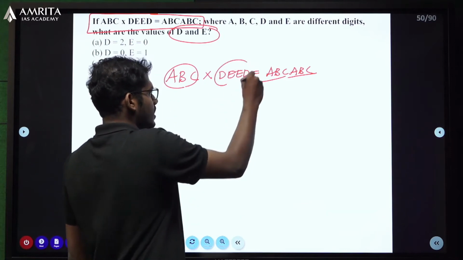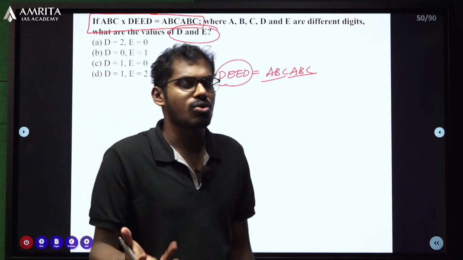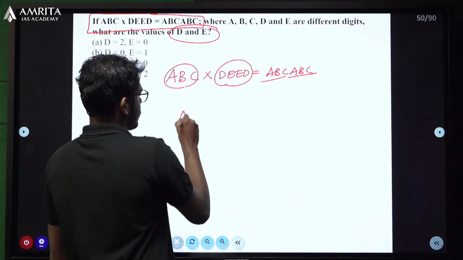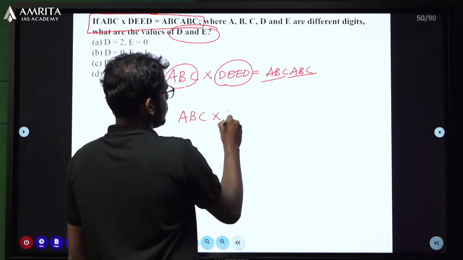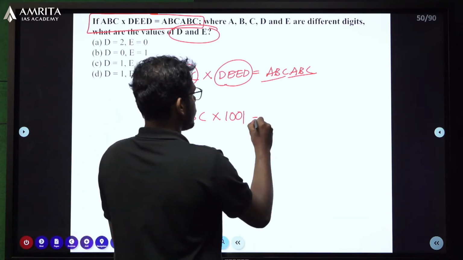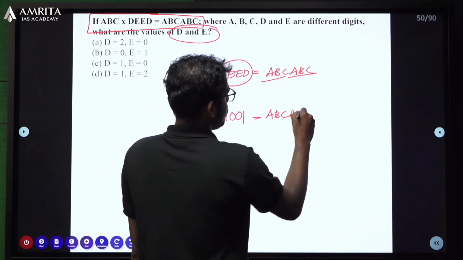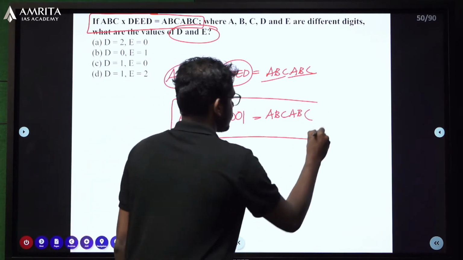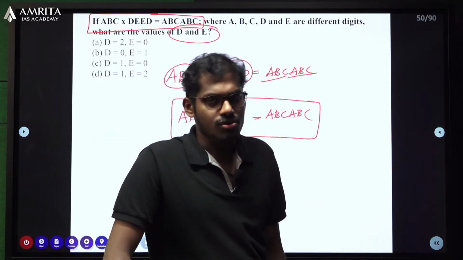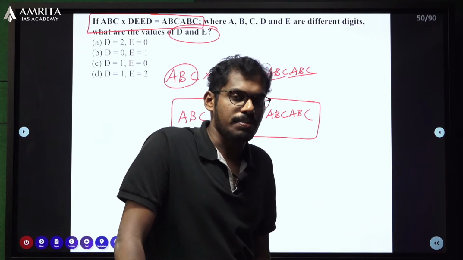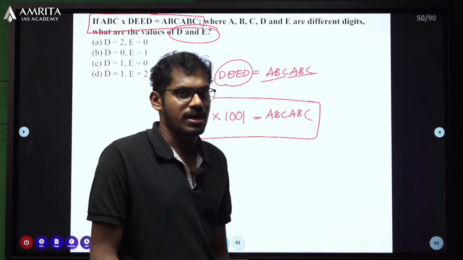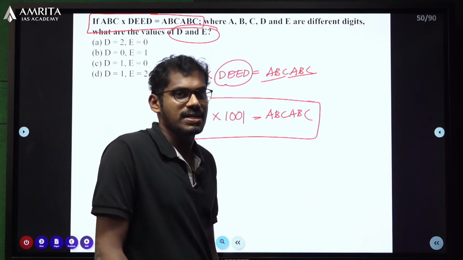So, this number must have some speciality, or a unique property. Listen, if a 3-digit number is multiplied with 1001, then the product will be the repetition of the digits. For example, ABC multiplied with 1001, the answer will be ABCABC.